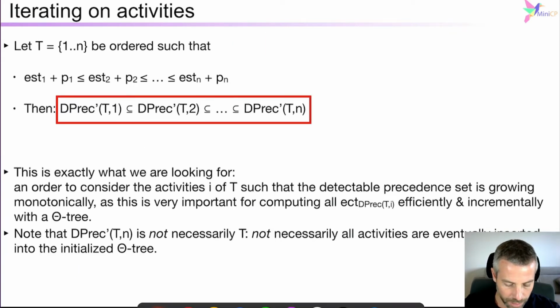So if the activities are sorted according to this criteria, then the detectable precedence sets are really in the nested relations as indicated there. This is exactly what we are looking for in order to design a very efficient filtering algorithm taking advantage of the theta trees.